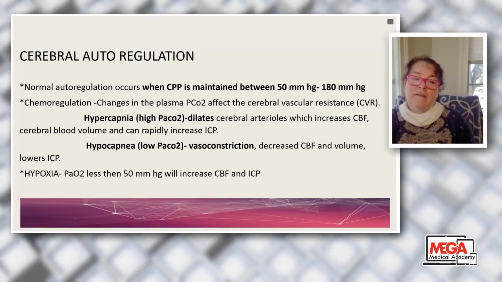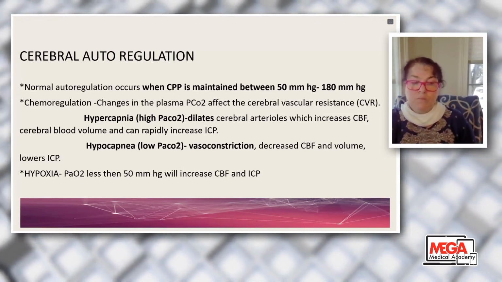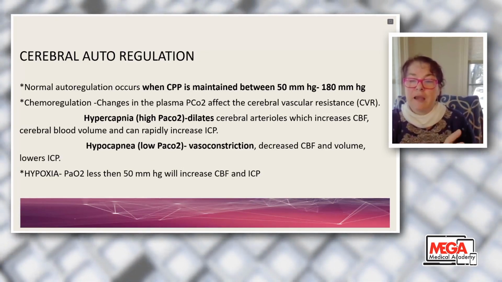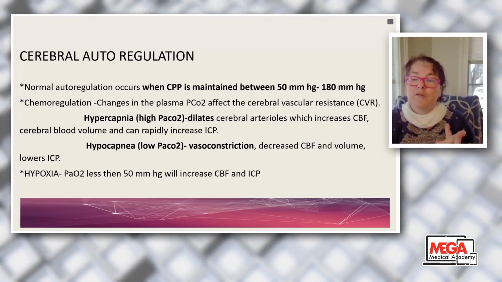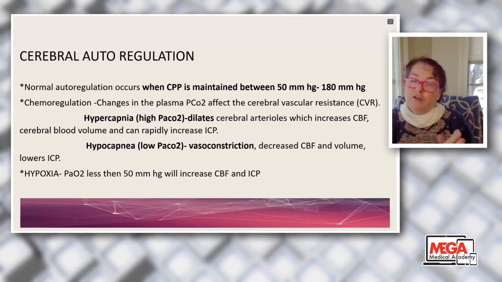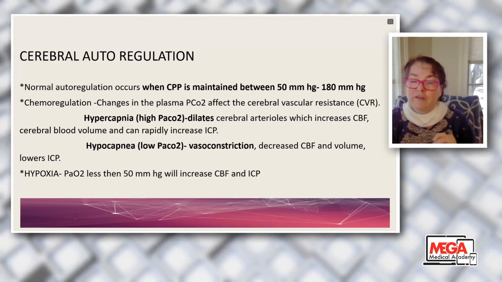So the brain has cerebral autoregulation. Normal autoregulation will occur when your cerebral perfusion pressure is maintained between 50 to 180 millimeters of mercury. There are also chemoregulation changes, where your plasma CO2 affects your cerebral vascular resistance.